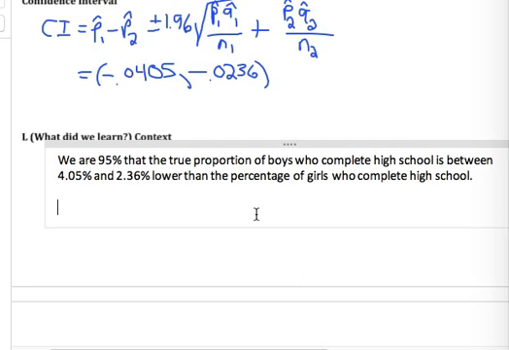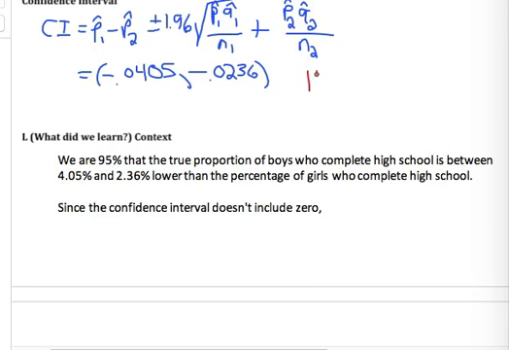Montana just said, since the confidence interval doesn't include 0, what would we do with our hypotheses? Let's just write down what our hypotheses would have been in the first place, by the way. I'll just stick them right up here. We could have written these down at the very beginning, but I didn't.